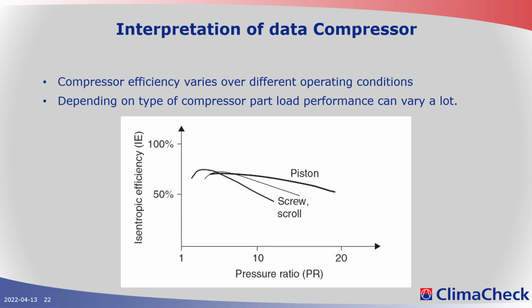So they are more sensitive to being off-peak design, whereas a piston compressor tends to have a higher likelihood of having a flat isentropic efficiency curve, because when the pressure inside the cylinder reaches the pressure on the outside, the valves open, whereas screw or scroll tend to over compress or under compress if you're not at the peak.